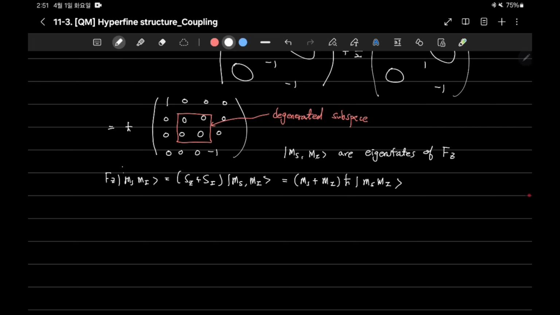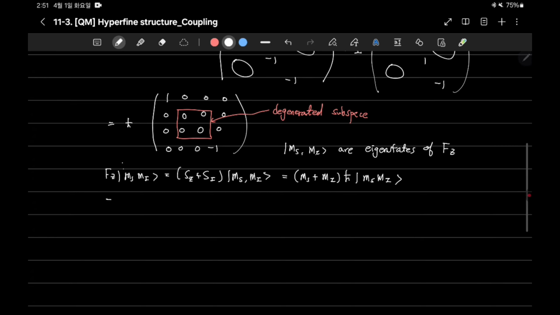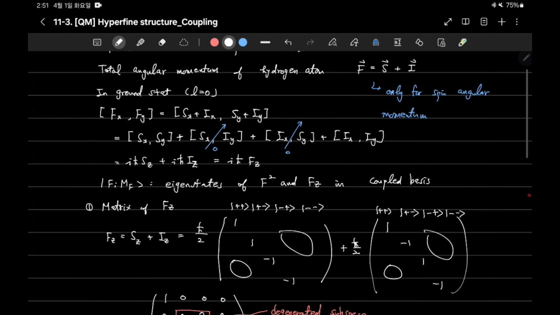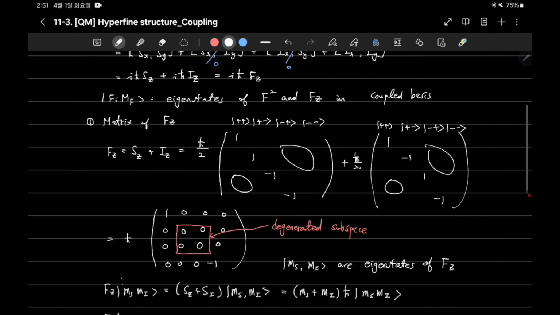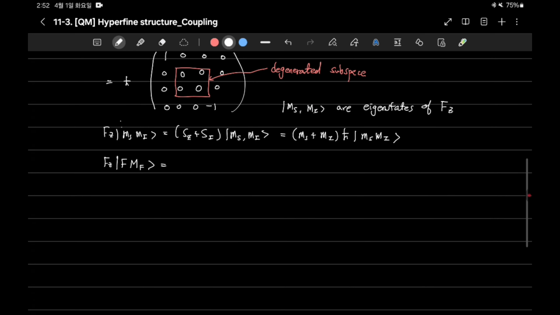So this total angular momentum operator behaves like a conventional angular momentum operator. And Fz applied to MF, the eigenstate of capital F, gives capital MF h bar, F MF.